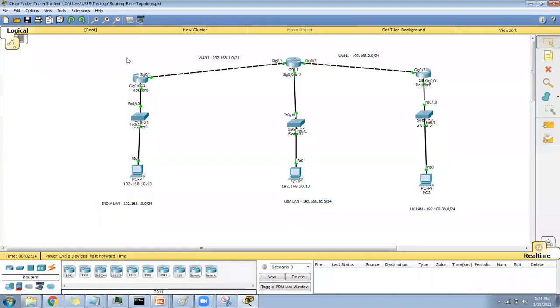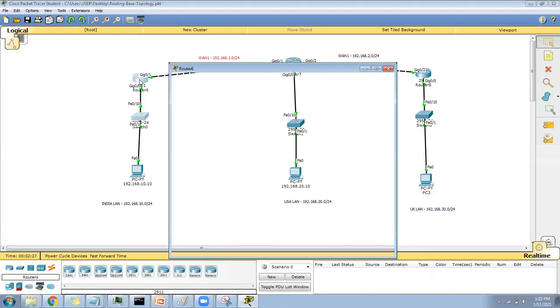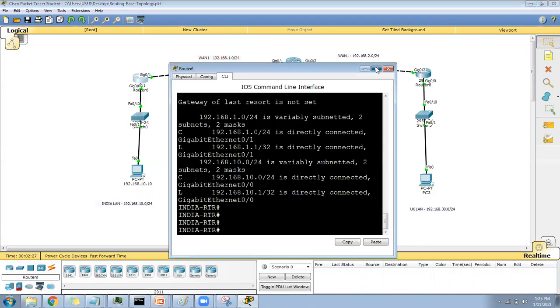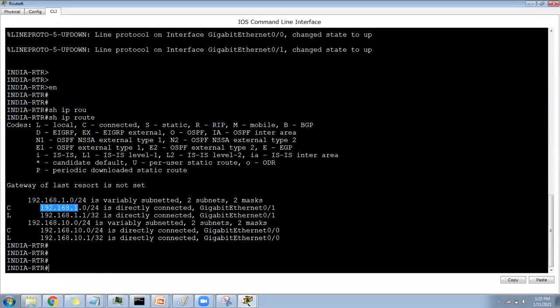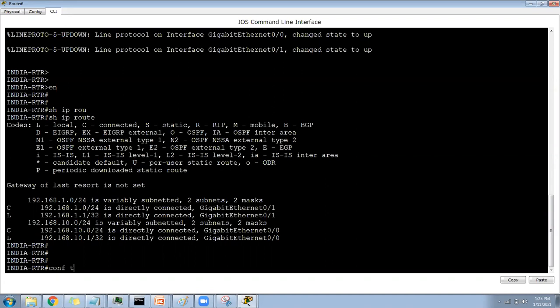So in RIP, how did we configure it? I'm showing again. You just need to advertise your directly connected networks. In India, how many directly connected networks? Two only, one and two. You just need to advertise those only. How to advertise?